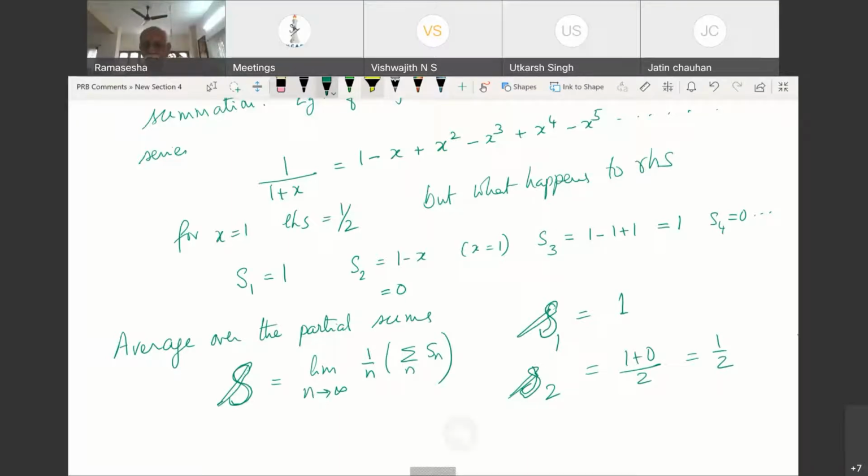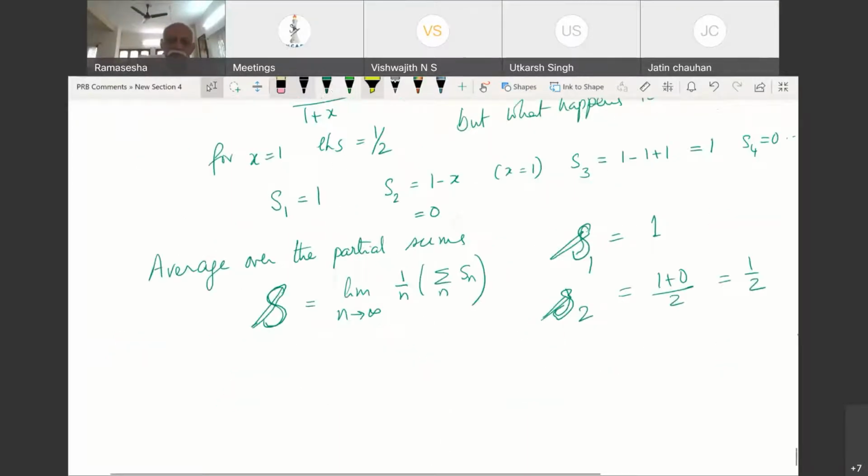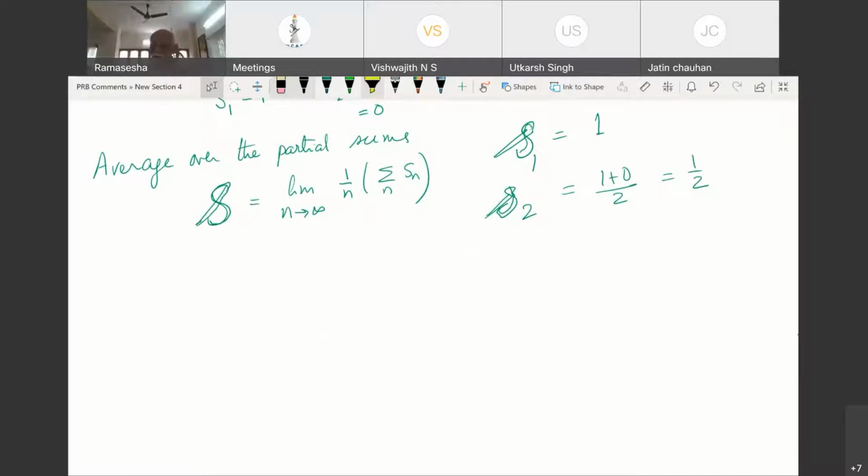Once the screen moves, I'll tell you what it is. So the value of S2 is equal to 1 plus 0 plus 1, which is 2/3.